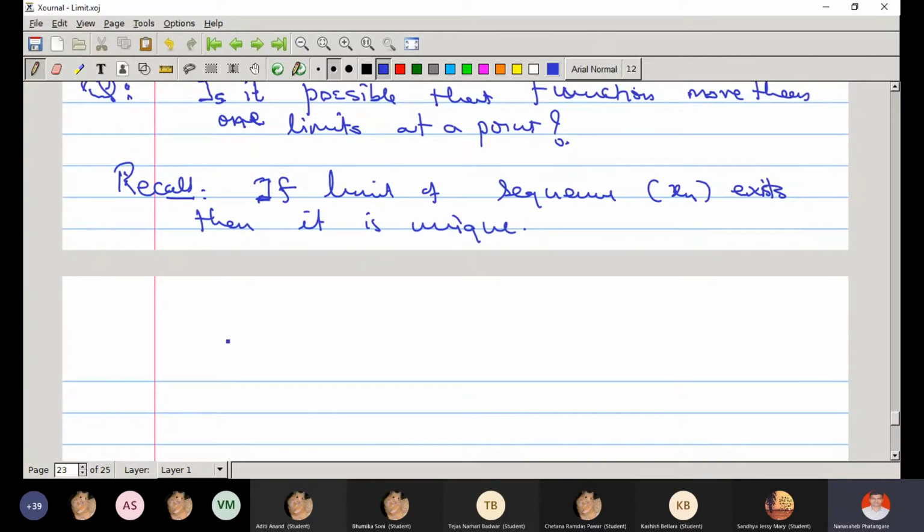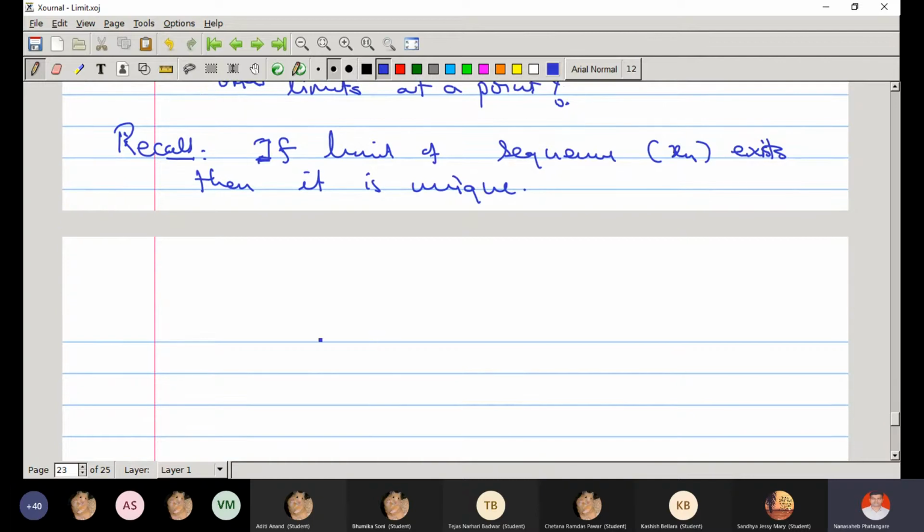So is the same thing true for limit of a function? So, uniqueness of limit.